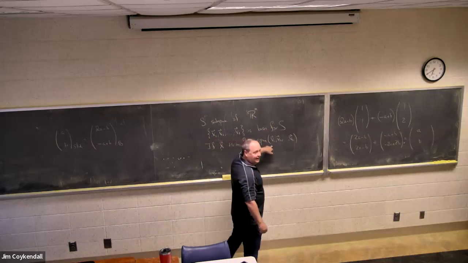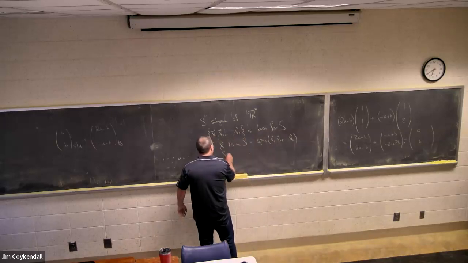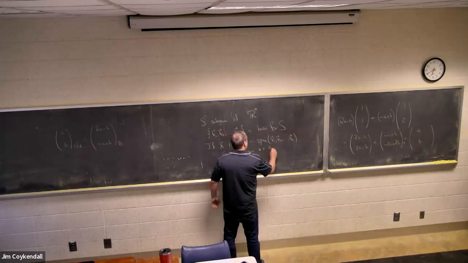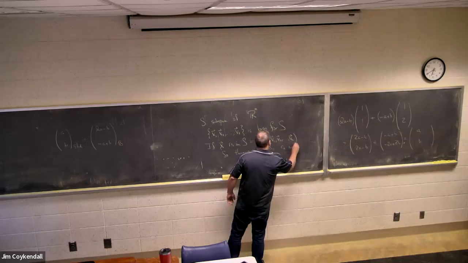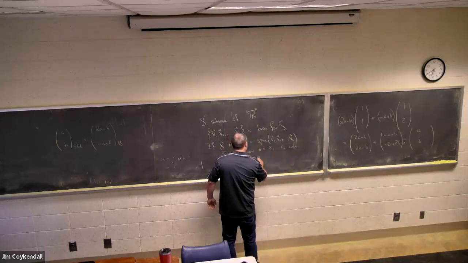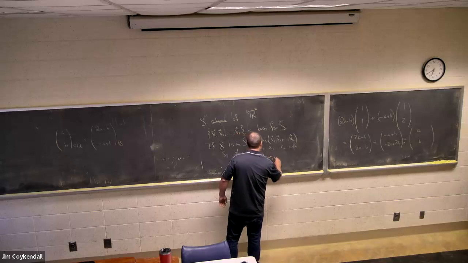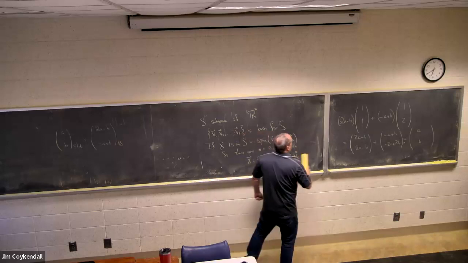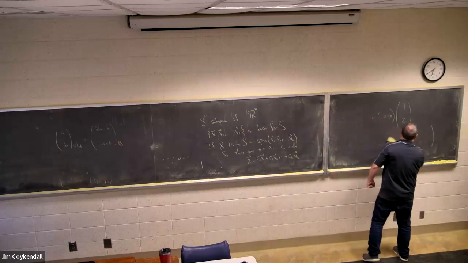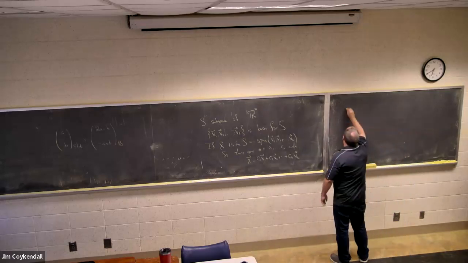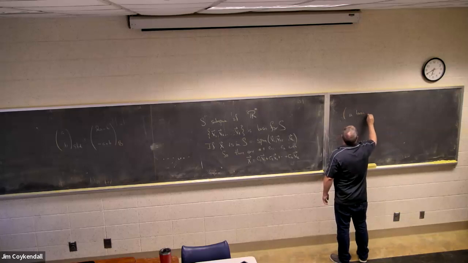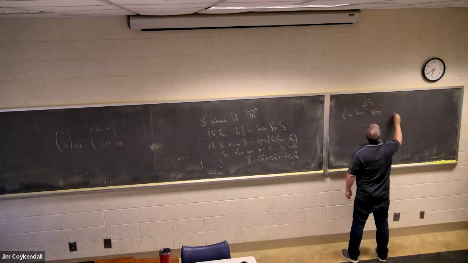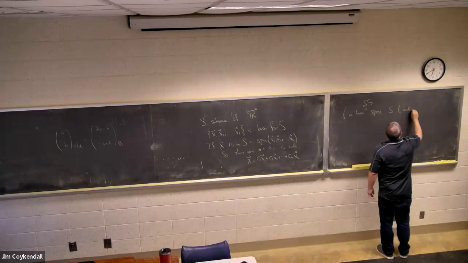So S is the span of these vectors. The important thing here, the big takeaway: a basis of S spans S, and it's linearly independent.